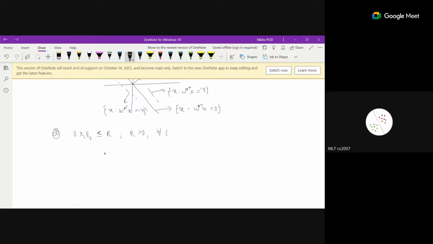What we mean is that if you have this data set, the length of all the data points will be inside a circle of radius R.